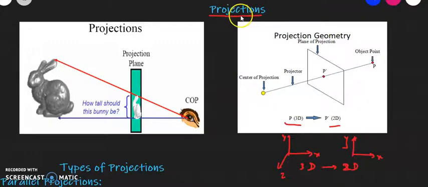The ideal definition of projection is that your 3D scene is getting mapped to your 2D screen coordinates.